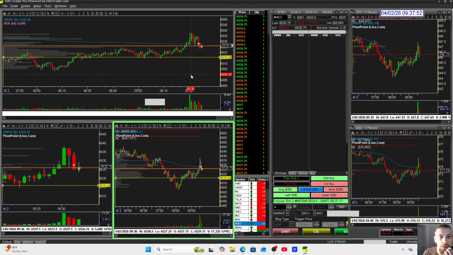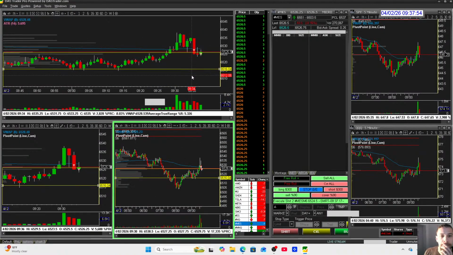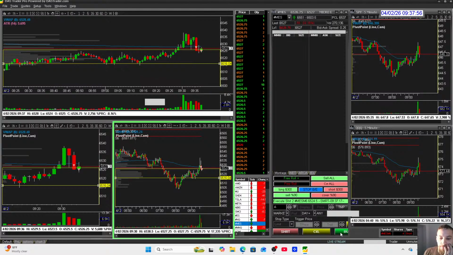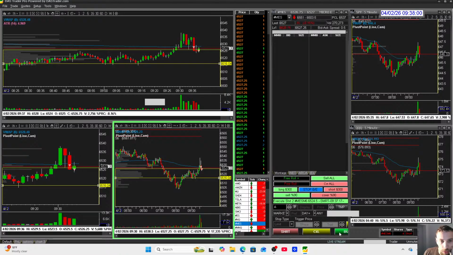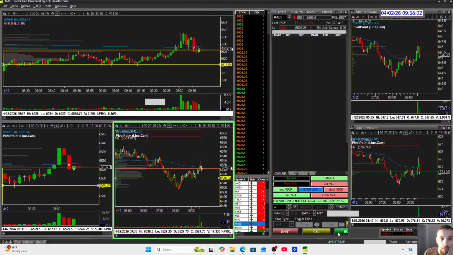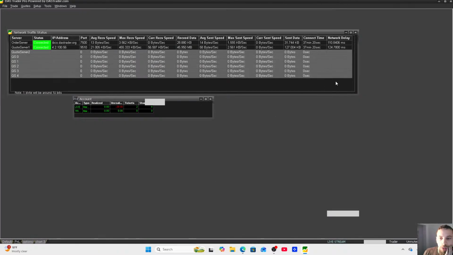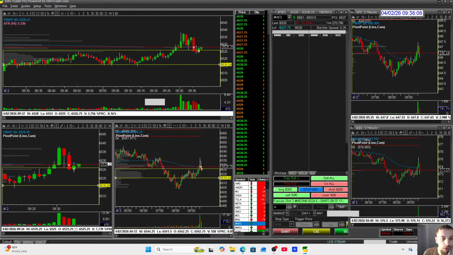There's my first target level. Squeezing back up. Still consolidating. Price action looks a little funky. We're good.